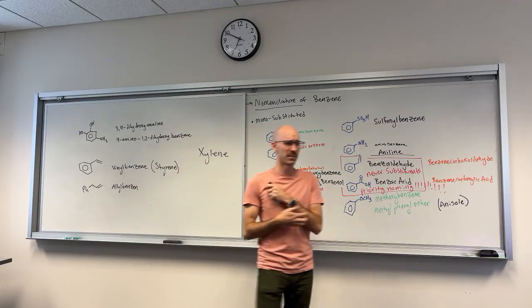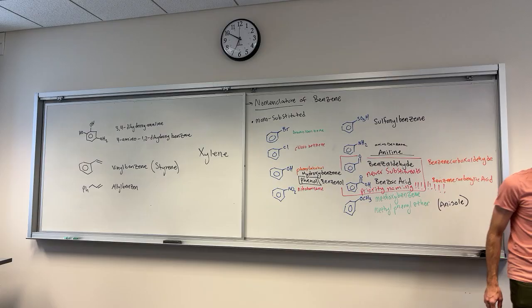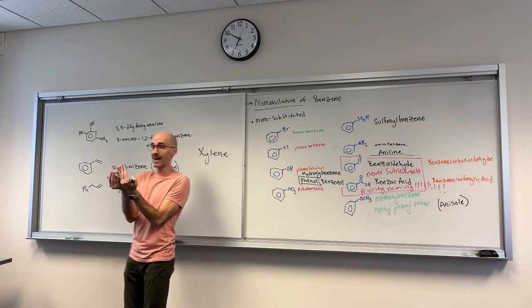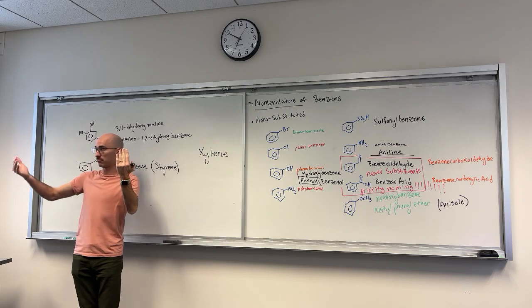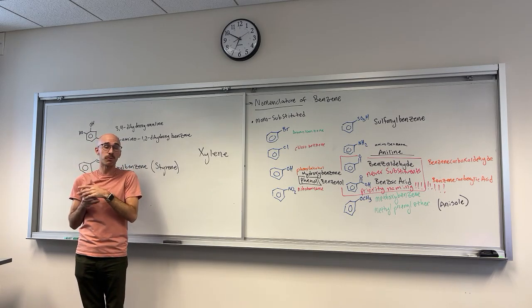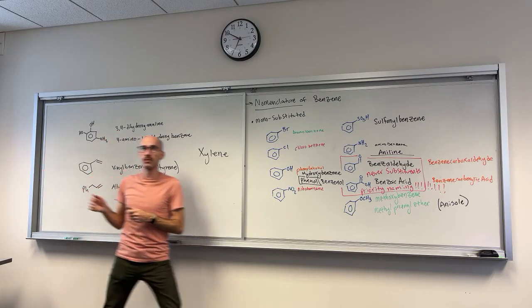I think the other one that was up there was naphthalene or something weird. We're not going to get into them. We're not going to look at their reactions very much. Naphthacene. But if you can imagine extending these aromatic rings and fusing them together, it probably exists. There are big, big molecules.